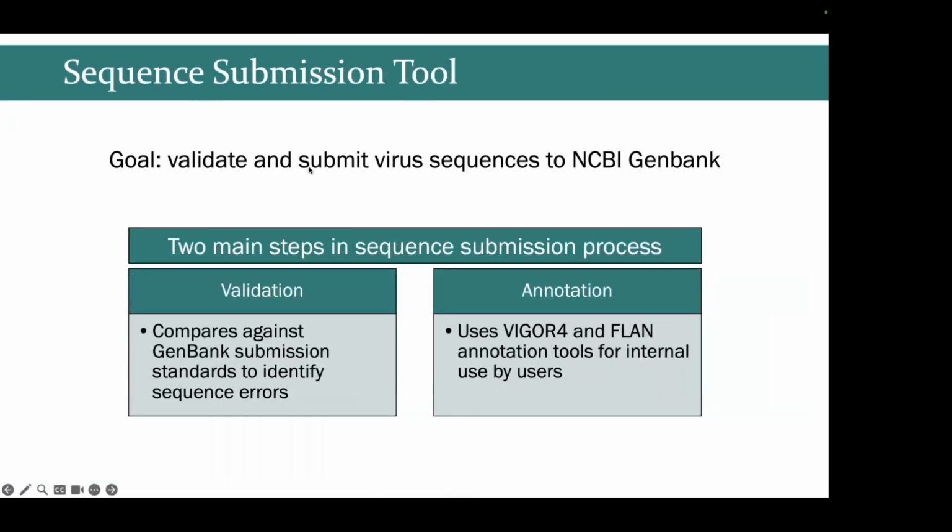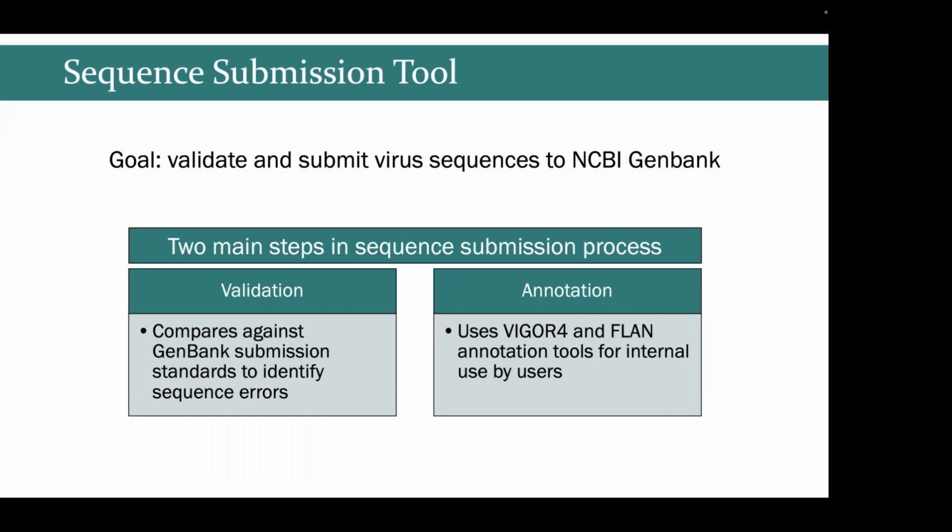The next tool I want to cover is our sequence submission tool, and this is to validate and submit virus sequences to NCBI GenBank. There are two main steps in the sequence submission process. The sequences are validated, compared against GenBank submission standards to identify any sequencing errors.